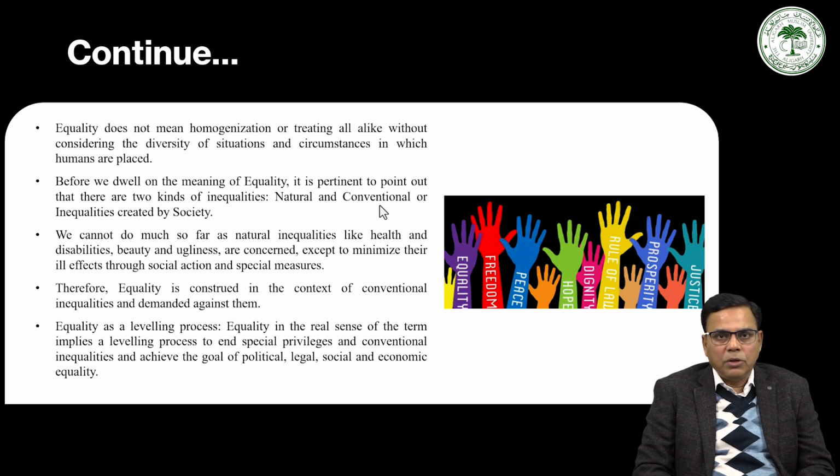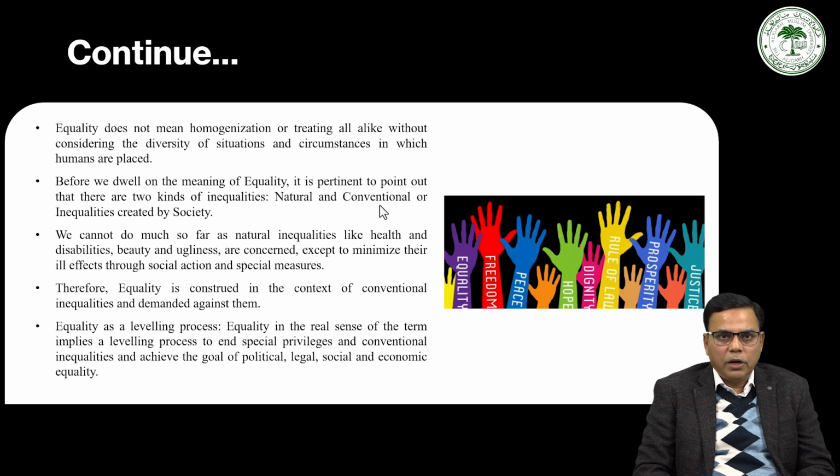After natural inequalities, we have conventional inequalities. The conventional inequalities are created by society. For example, the structural inequalities that are there in many societies are the creation of the society itself. For example, the hierarchical caste system in our country is a kind of conventional inequality.